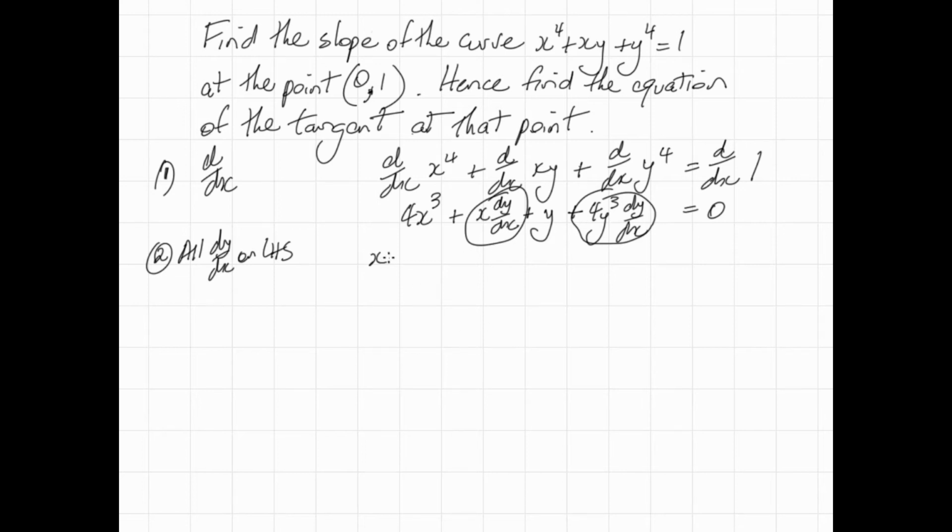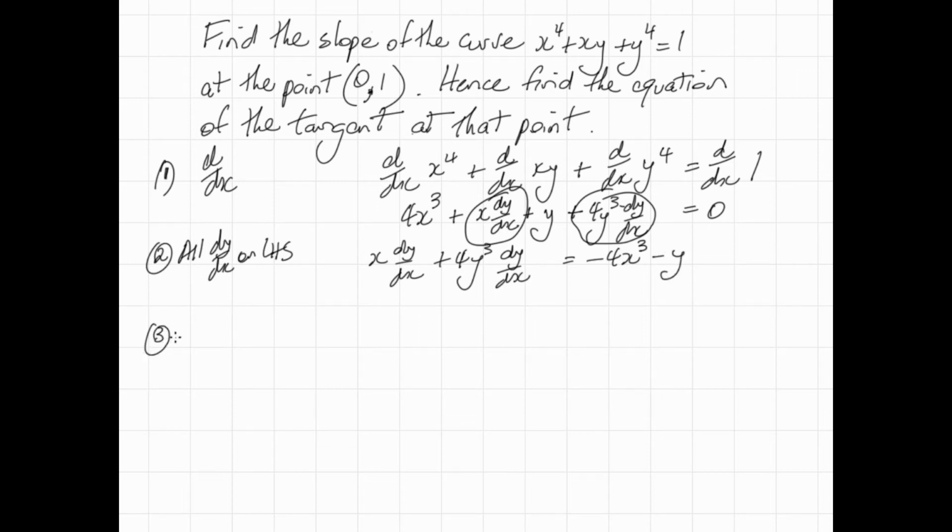So we've got x dy/dx plus 4y cubed dy/dx. The other terms, we get everything else to the other side: minus 4x cubed, and the plus y when it goes over there becomes minus y.